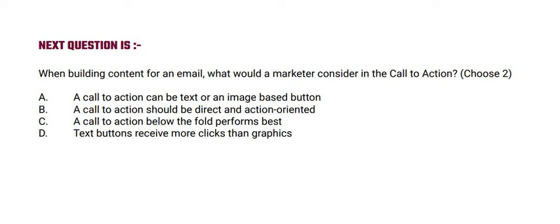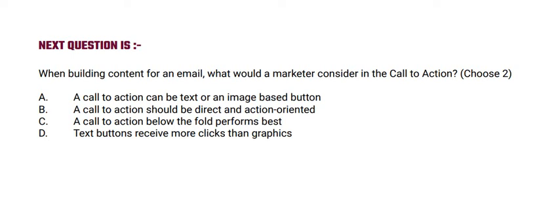Now, the question is, when building content for an email, what would a marketer consider in the call to action? Choose two options, and the options are: option A, a call to action can be text or an image based button.